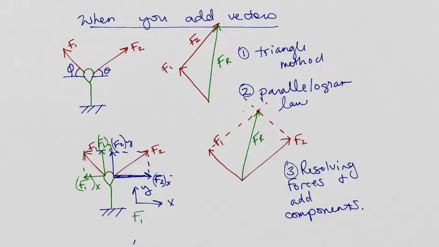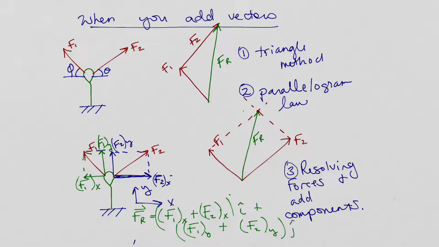So the resultant force would equal the X component of F1 plus the X component of F2 in the I direction, because we want to add up both of the X things, plus F1 in the Y direction plus F2 in the Y direction, and this is in the J direction.